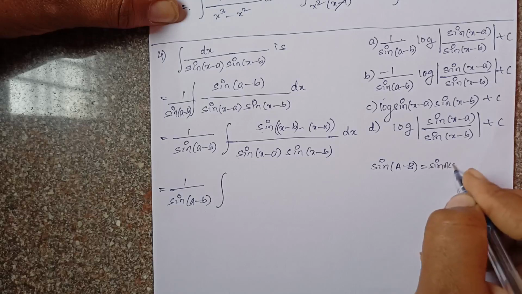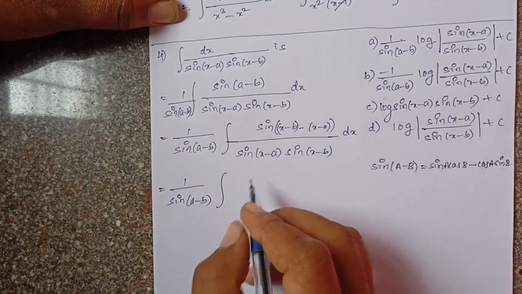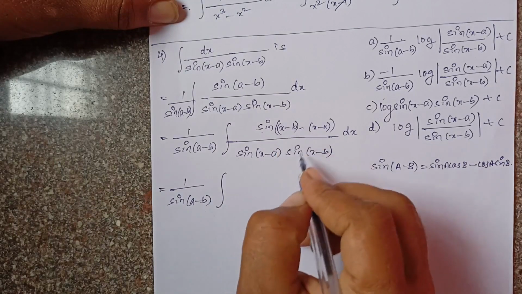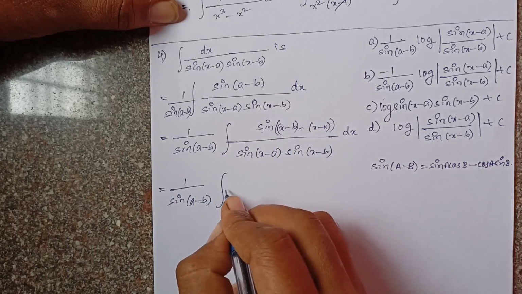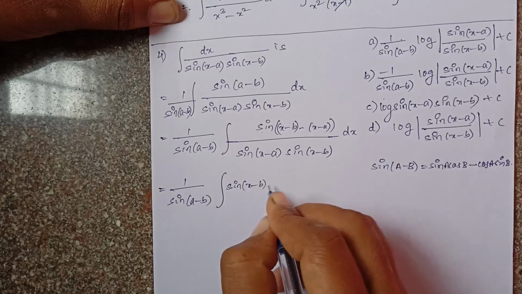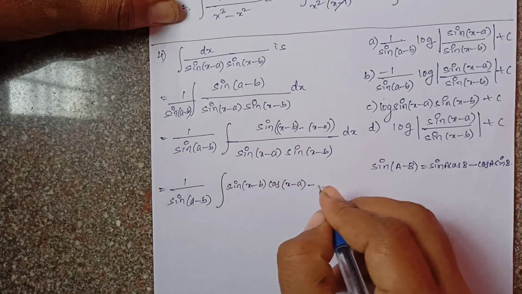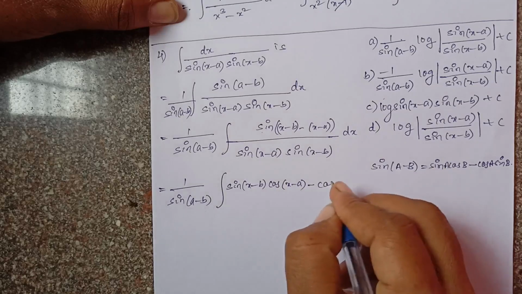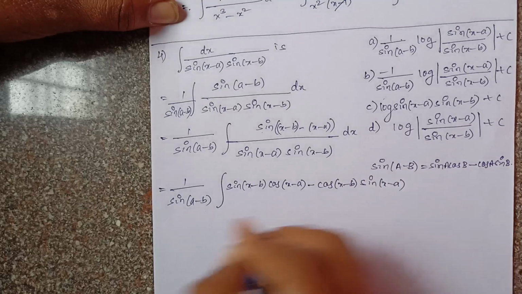Sin a cos b - cos a sin b. This is the formula you know. A means x - b here, b means x - a. So using this formula, we will write it as sin(x - b) into cos(x - a) minus cos(x - b) into sin(x - a).